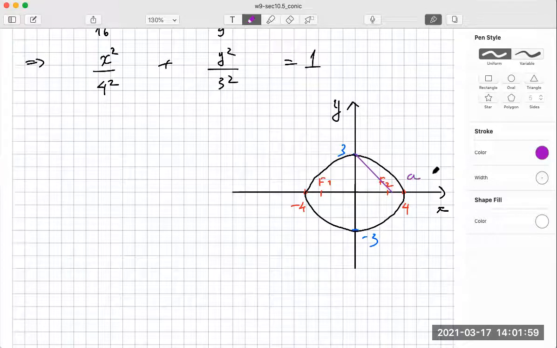So let us define it A, B, negative B here. And this point should be C, and here's negative C, right? So by looking at this triangle, we know that the relation is, what is it?